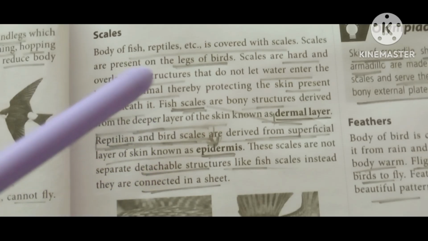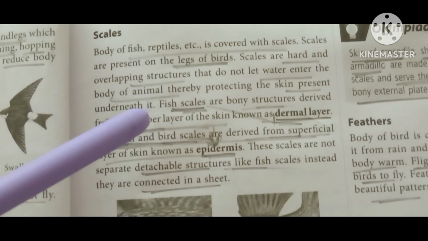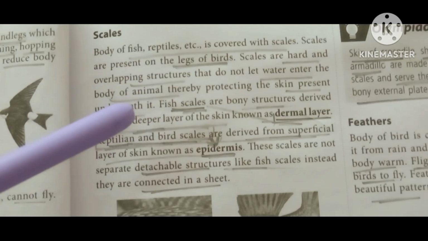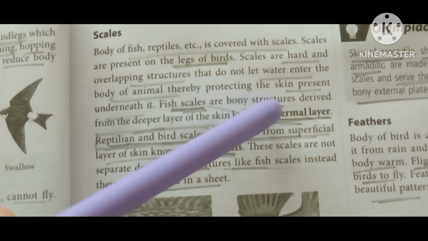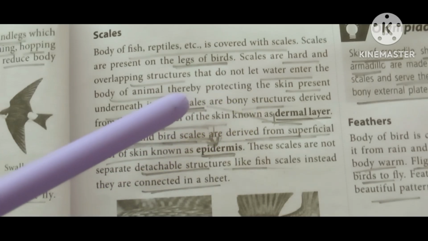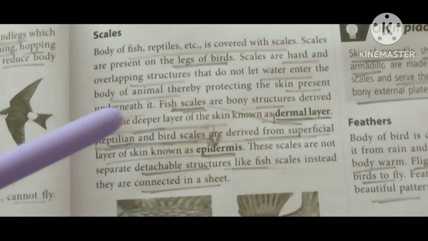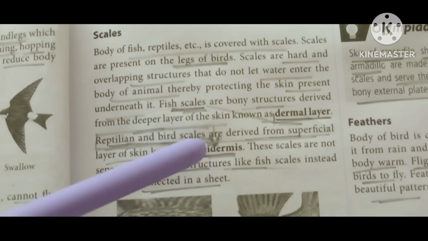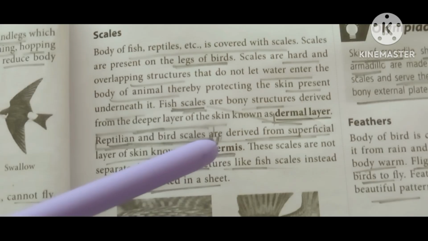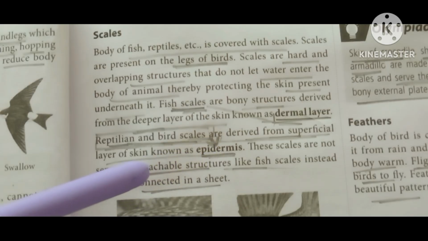So in scales, we have learned two terms: fish scales derived from the dermal layer can be taken away, and reptile and bird scales come from the epidermis, the upper layer of the skin, and they are not detachable.